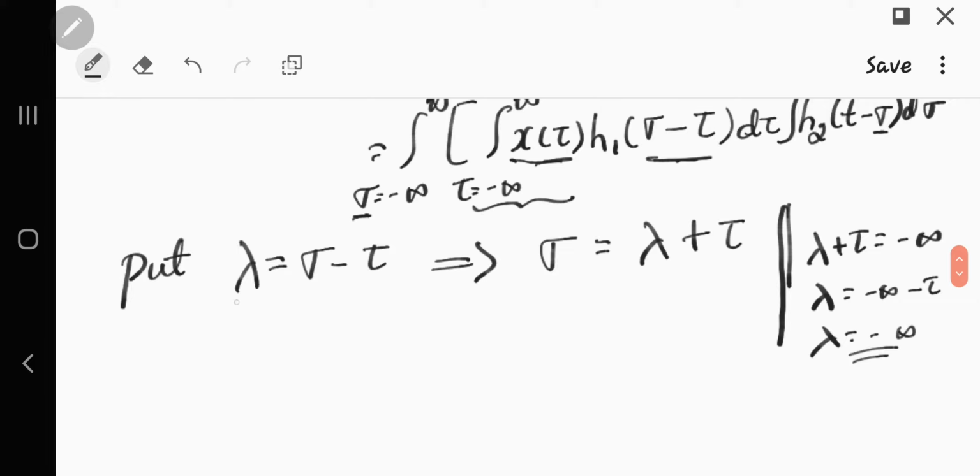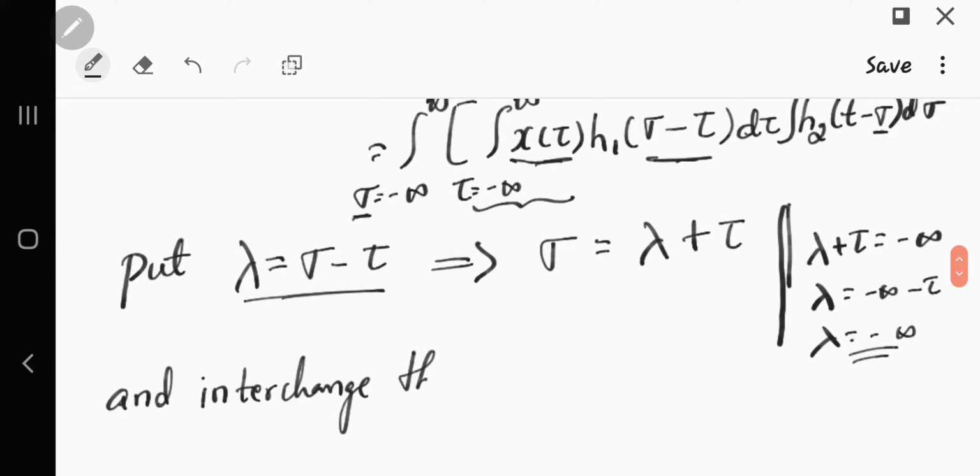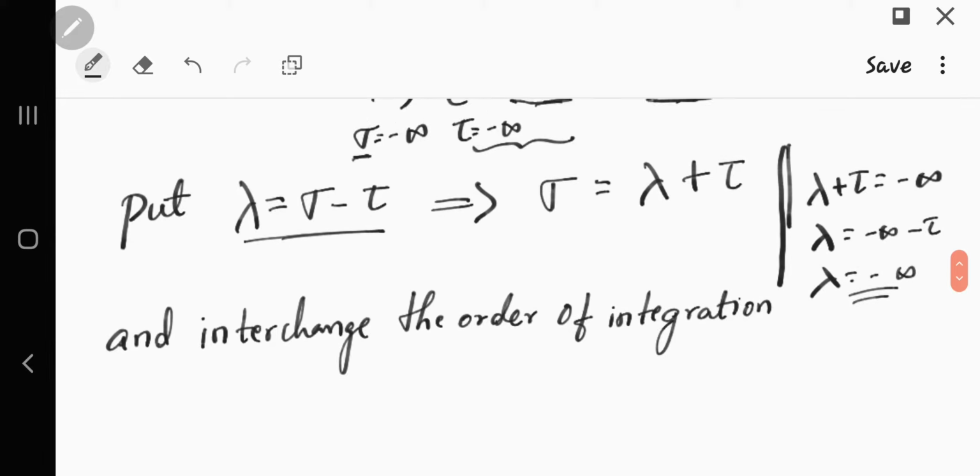So we take it like this: put lambda is equal to sigma minus tau, and interchange the order of integration. So we change the order of integration.